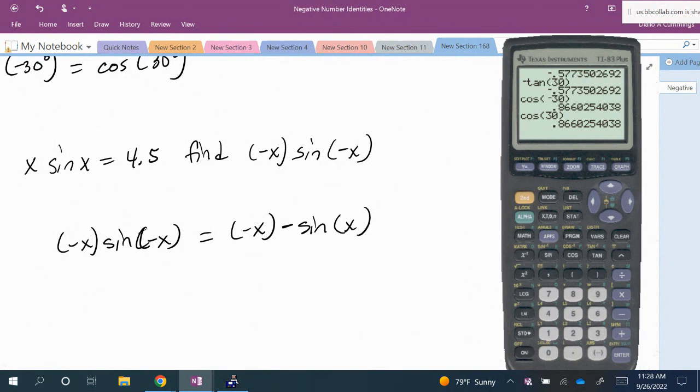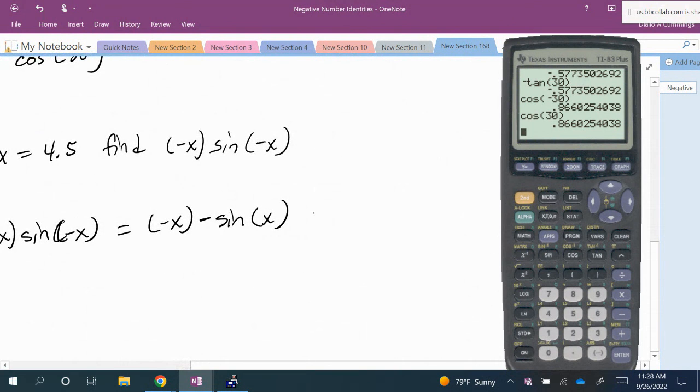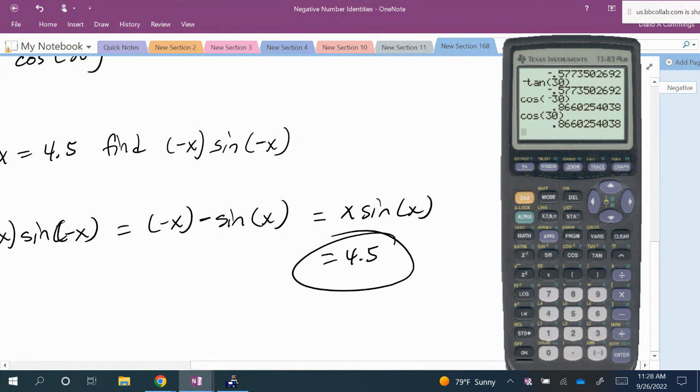Now, based on the rules for signs, a negative times a negative is a positive. So this actually equals x times the sine of x, right? And x times the sine of x is equal to 4.5. All right, and that's using the negative number identity.